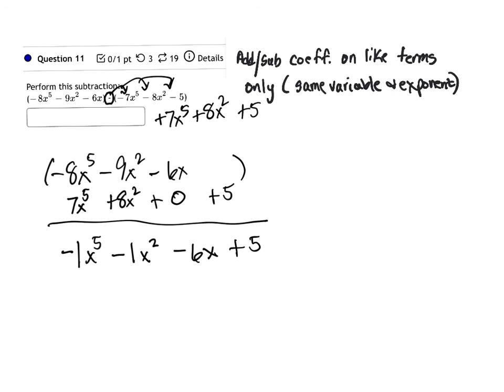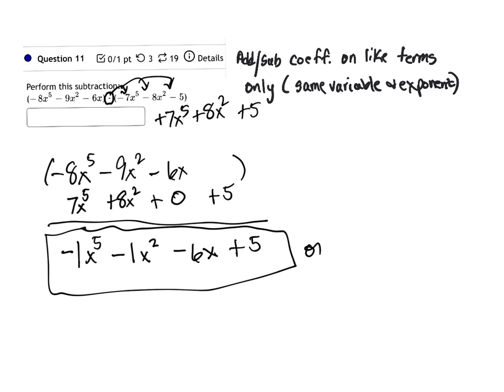So this is my answer. Now you can write that without the 1. So you could have -x to the 5th minus x squared minus 6x plus 5. That would work also.